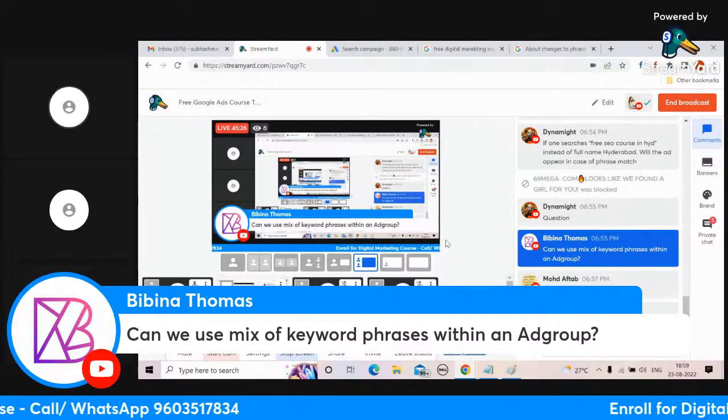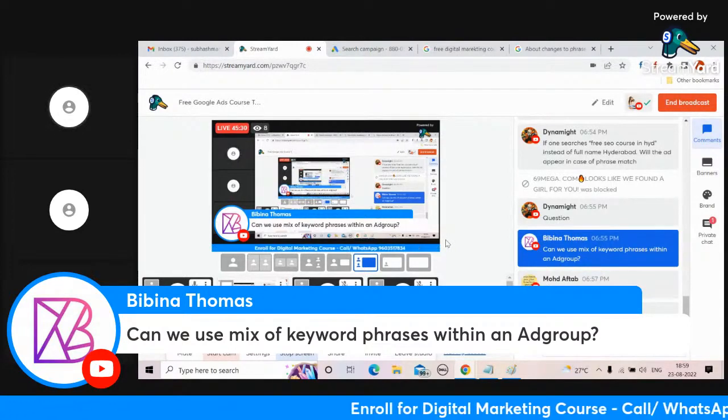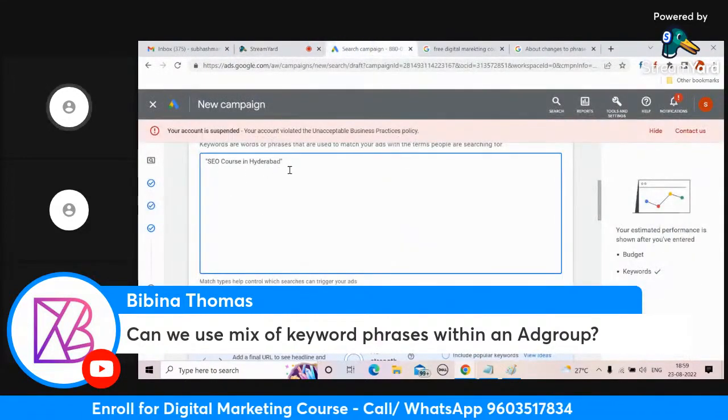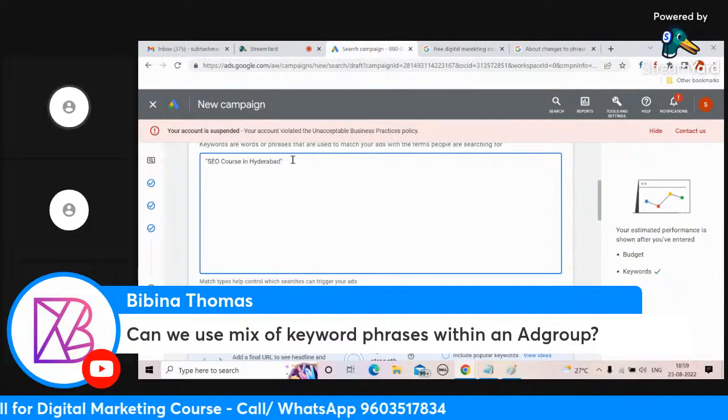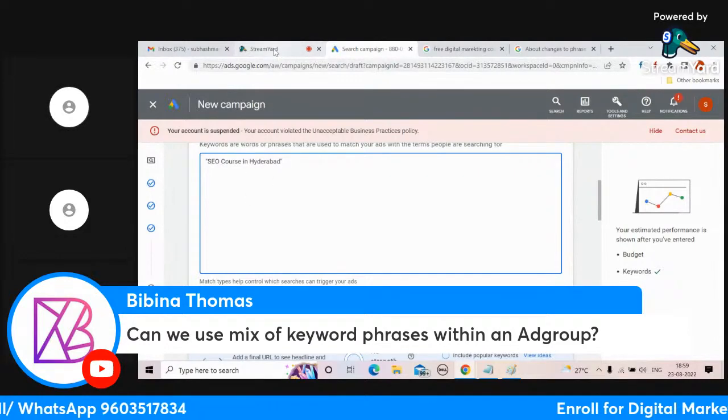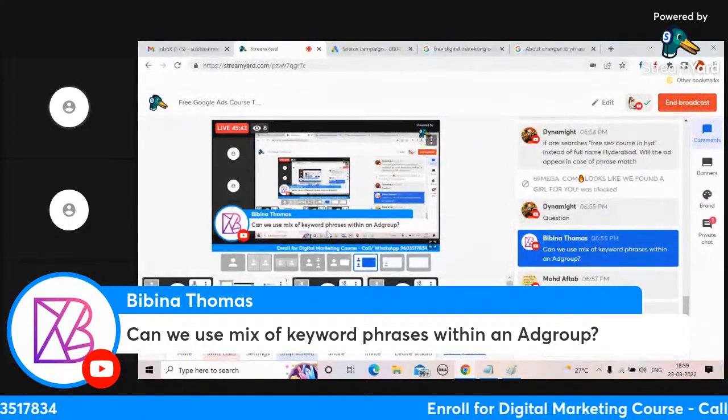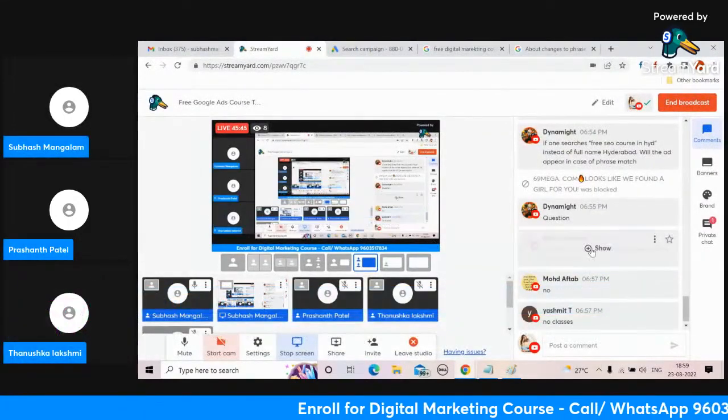This bad student will change everybody. So never mix the match types in an ad group. Especially don't use broad match here. You are safe to use exact match. But my suggestion is always use similar match types, not different ones, at least at this stage, or you will get confused.